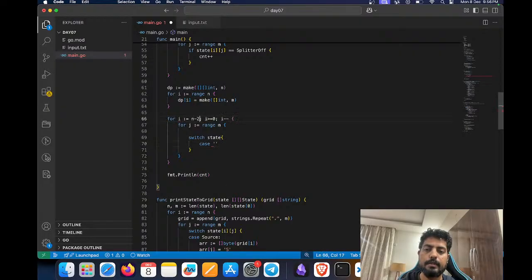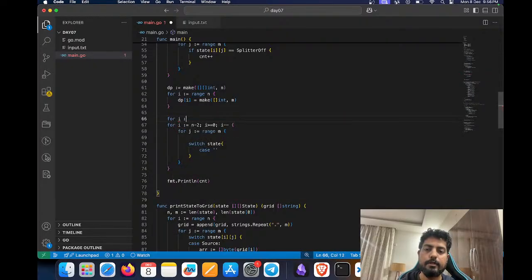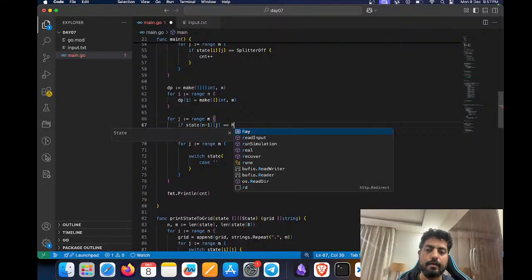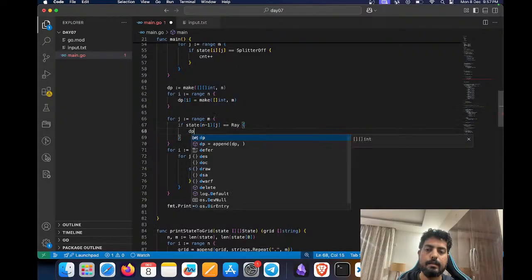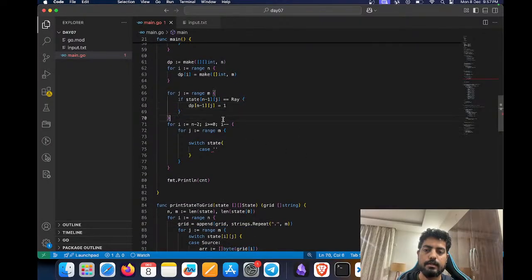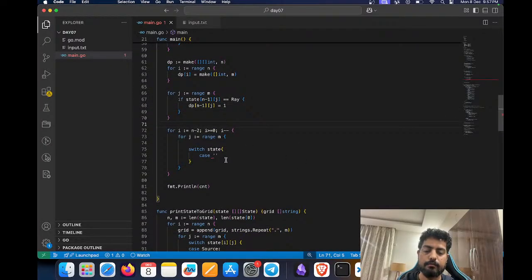Actually, we start from the second last position, because we know that for the last position, the state i is n minus 1, since we are at the last row. If it is a ray, then dp[n-1][j] equals 1, since that is part of the path.